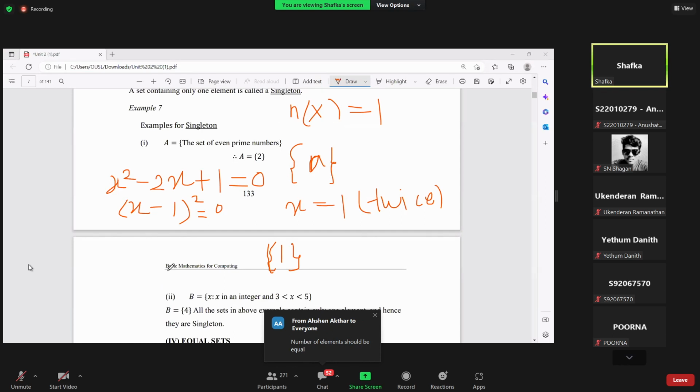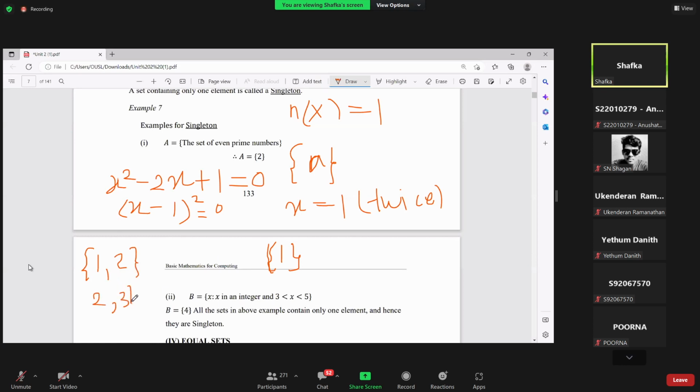If I have 1 and 2 in a set and 2 and 3 in another set, are they equal sets?